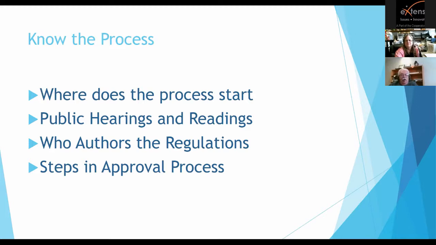It may require two public hearings, or it could be simply an official reading of the regulation at a council meeting or at a homeowners association meeting. All those things have to be in place, and you have to understand it so that you don't miss steps and you understand the time frame you're working in. Sometimes when they have multiple readings of a bill, there has to be two or three weeks between those readings. Know the process.